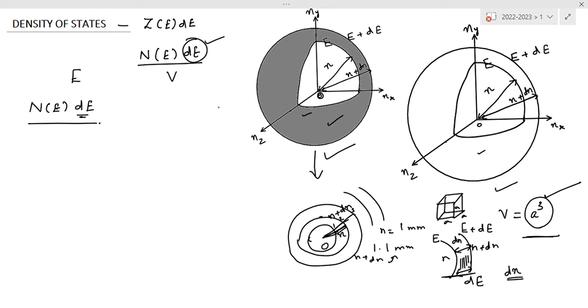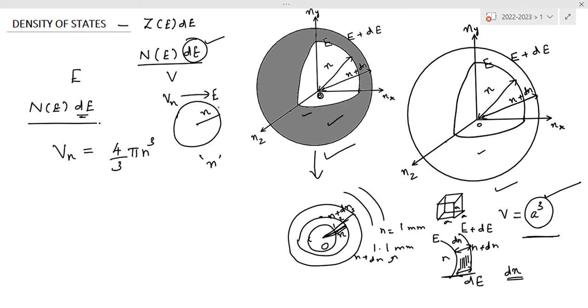Now I am considering the first sphere of radius N and energy E. The number of available energy states in this volume of radius N and energy E can be written as 4 by 3 pi N cube.